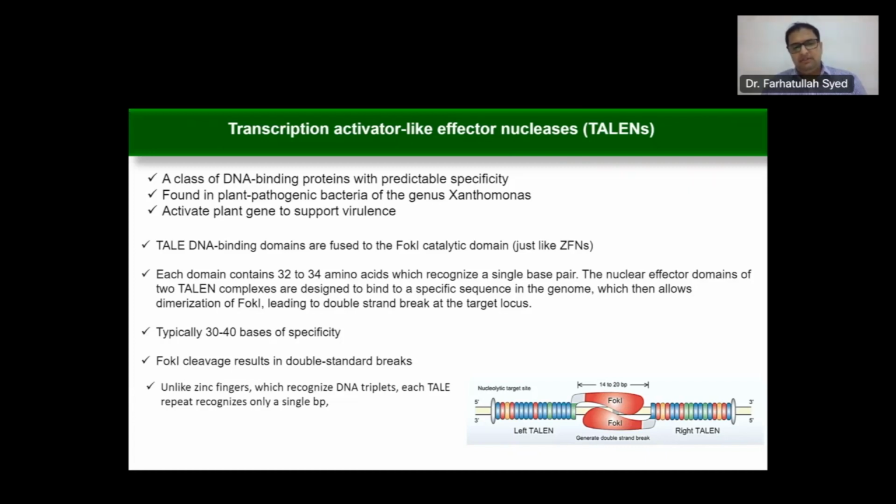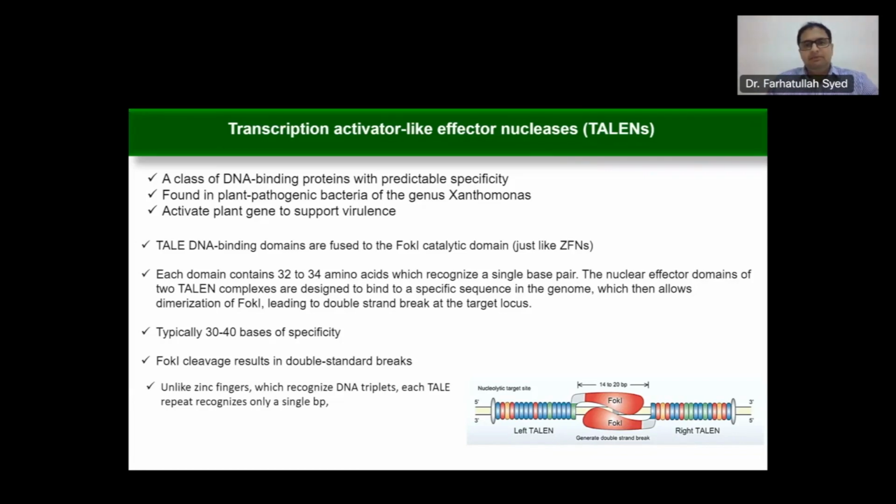Typically, they are 30 to 40 base pairs in specificity, and FokI cleavage results in double-stranded breaks similar to zinc finger nucleases. However, unlike zinc finger nucleases, which recognize DNA triplets, each TALE repeat recognizes only one single base pair.